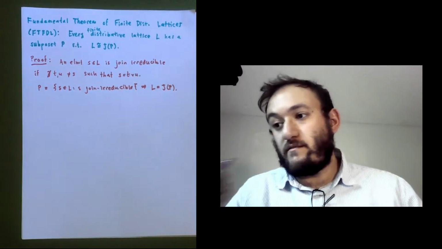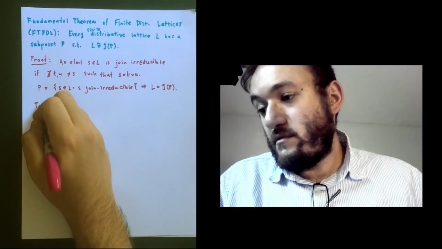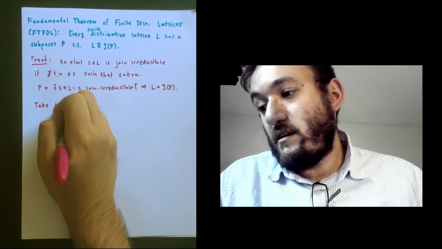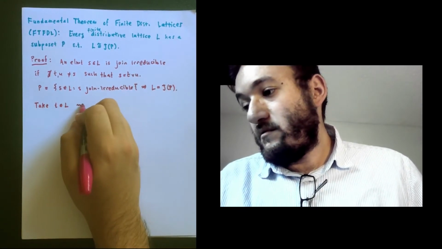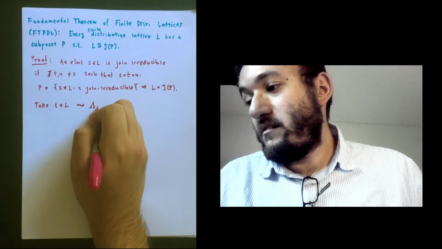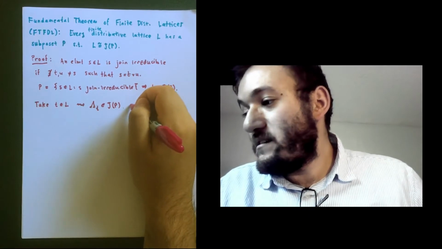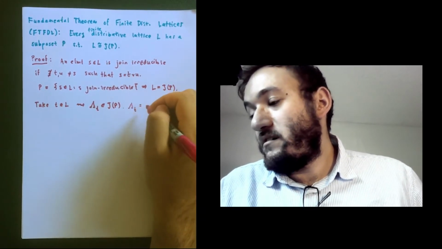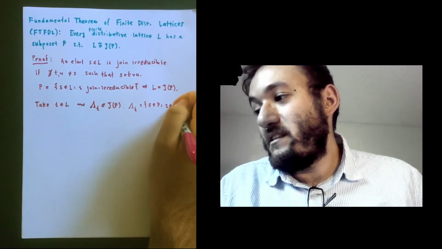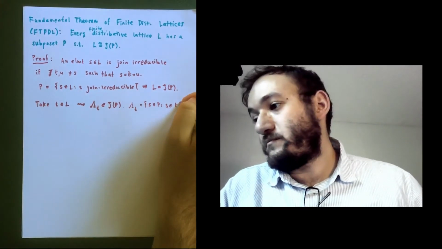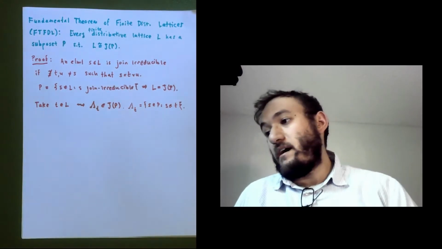And the key to proving that is you take some element in L, so take T in L, and we can map this to what we call lambda T in J of P, which is defined as lambda T equals the set of elements S in P such that S is less than or equal to T as elements of L. Okay, so that's clearly an order ideal because it's closed under this less than.